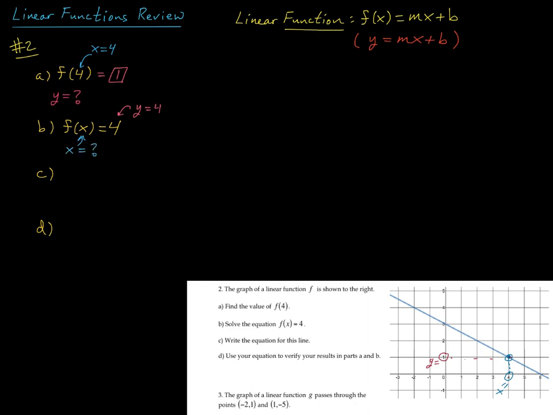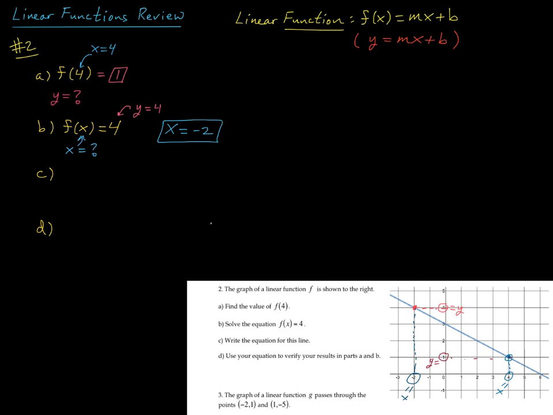So much like part A, we're going to go up to y equals 4, and then go to the corresponding point on our graph where the y-coordinate is 4, and then find the corresponding x-coordinate down here, which is negative 2. So our answer here then would be that x is negative 2.